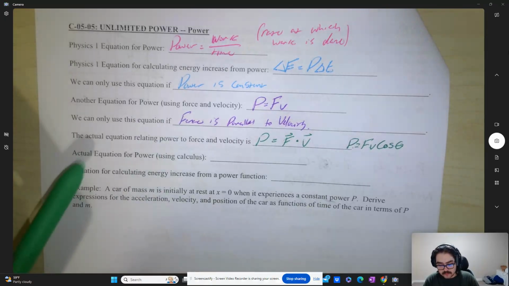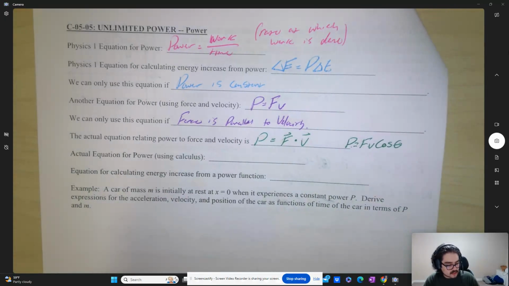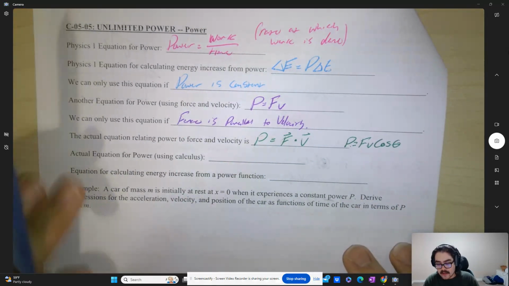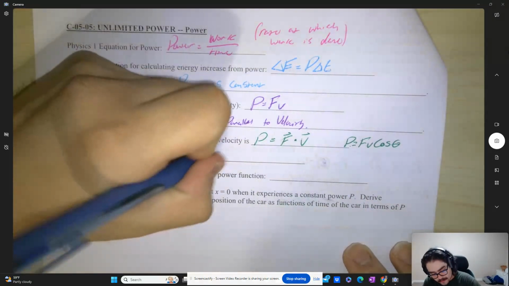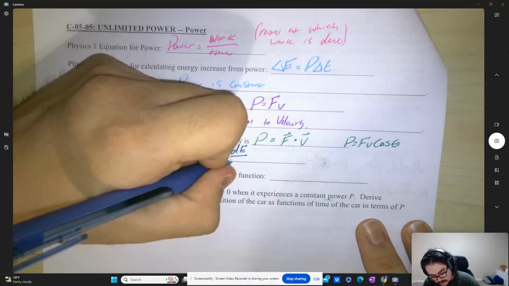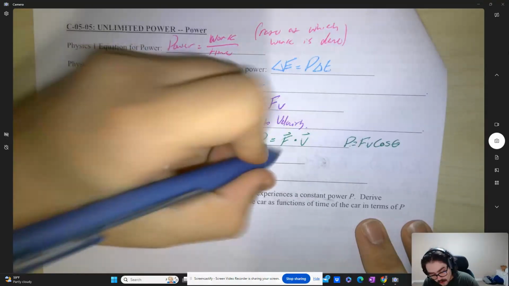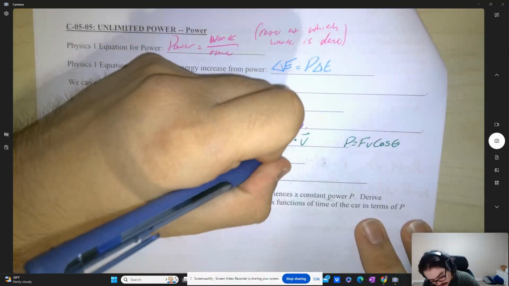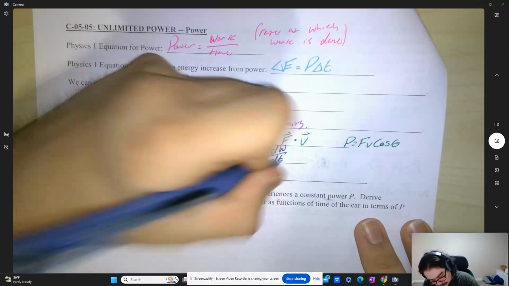But the supreme ultimate equation that is the actual final equation for power involves calculus: power is equal to the derivative of energy with respect to time, or the derivative of work with respect to time.